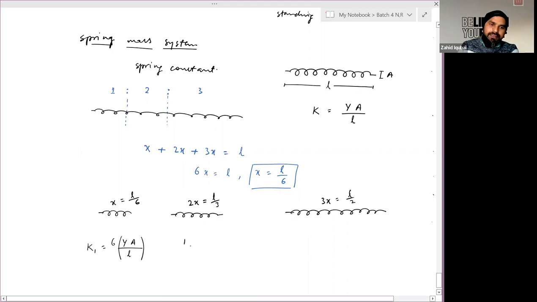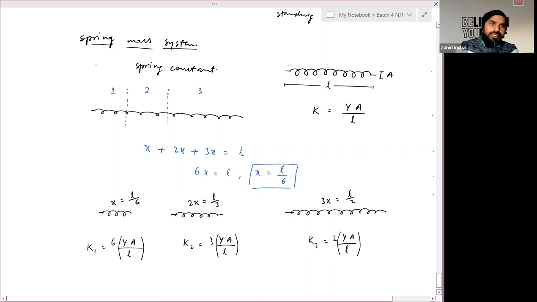In the second part, K2 equals YA divided by L by 3. In the third part, K3 equals YA divided by L by 2.